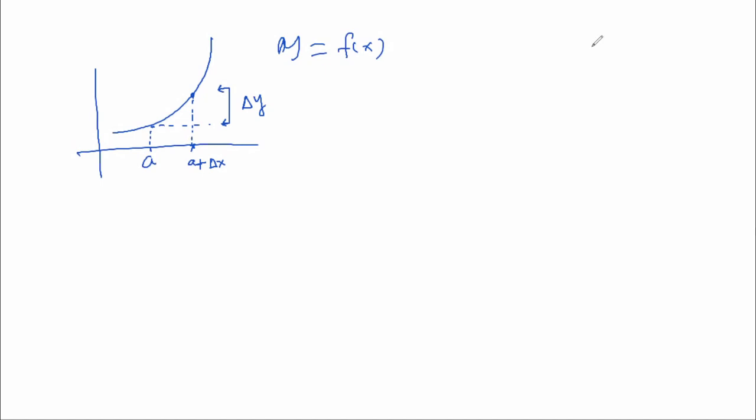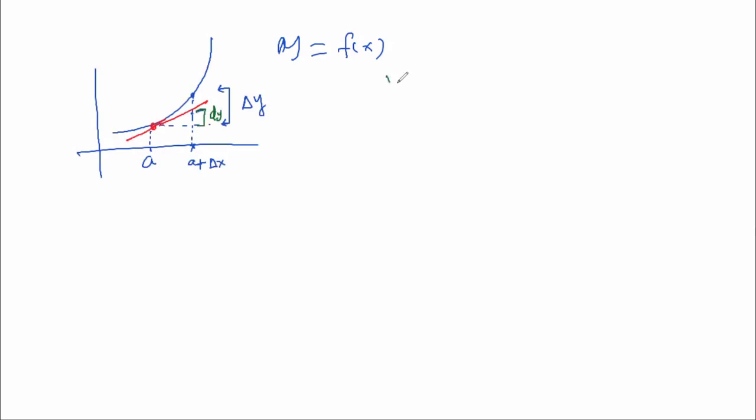But what is dy? Delta y is the increment in height. But what is dy? So dy is, if you draw a tangent line at this point, the change of height in the tangent line. So dy is this. So that's the differential.